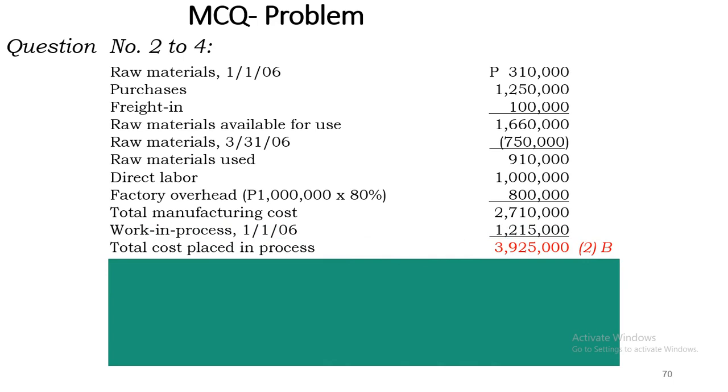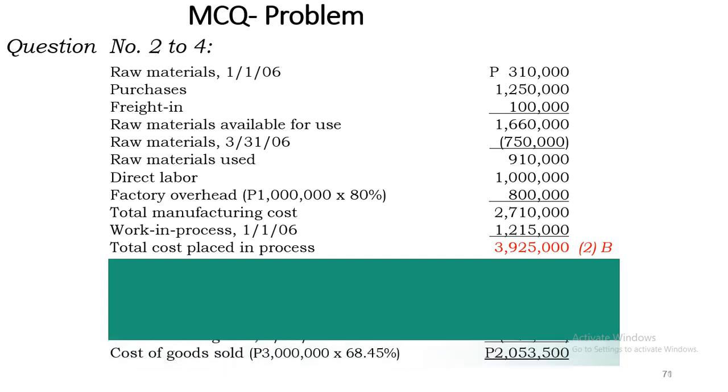And then we cannot proceed yet since the question for number 4 is the work in process ending. So we'll start at the bottom. The cost of goods sold. Cost of goods sold is 3 million times the cost ratio 68.45%. This is the difference of the sales, 100% less the average gross profit rate as computed in number 1.